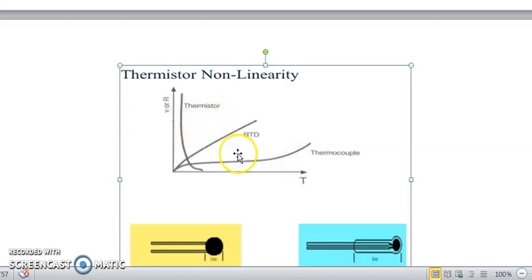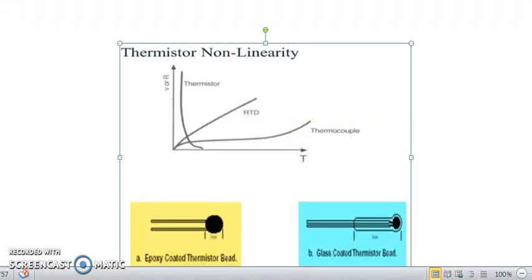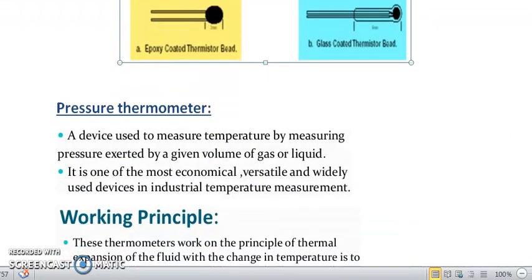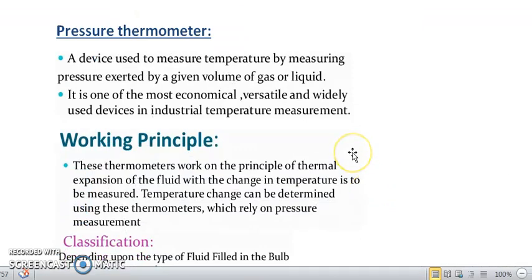At different ranges they show different measurements. Each and every temperature measuring instrument is not suitable for each and every range. At different ranges they show good linearity, good response, and good sensitivity to temperature change.